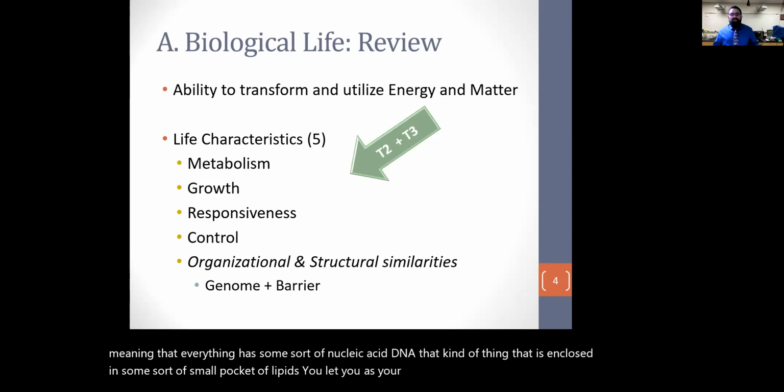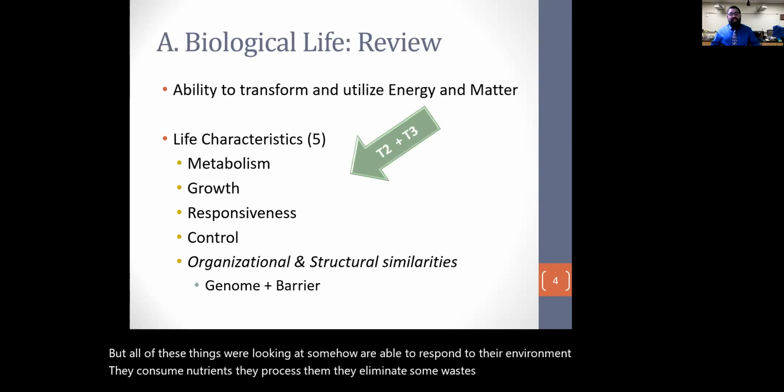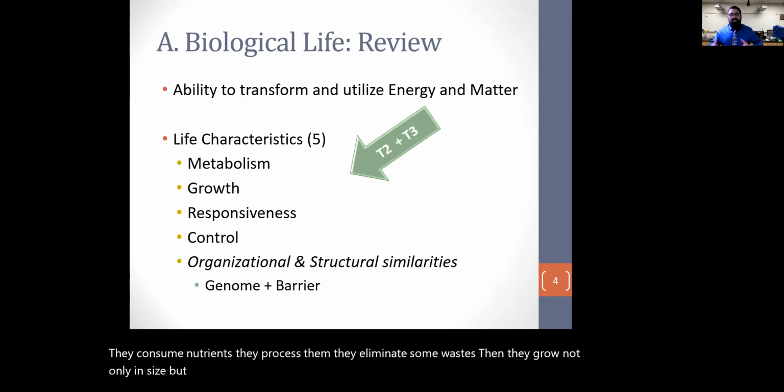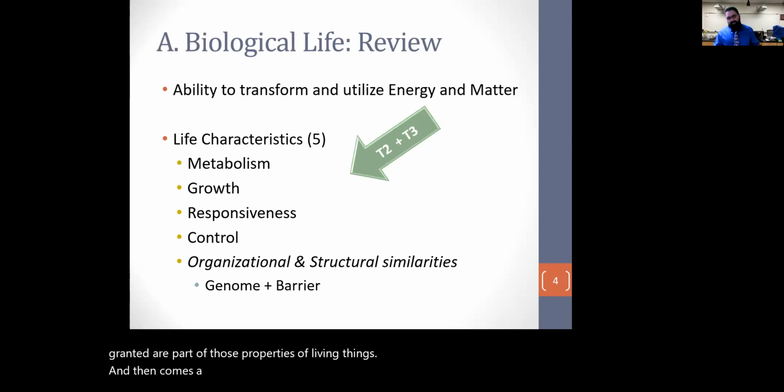But all of these things we're looking at somehow are able to respond to their environment. They consume nutrients, they process them, they eliminate some wastes, then they grow not only in size, but they also grow in number. And all of these things that we all kind of take for granted are part of those properties of living things. And then comes a virus, which pretty much does none of those.